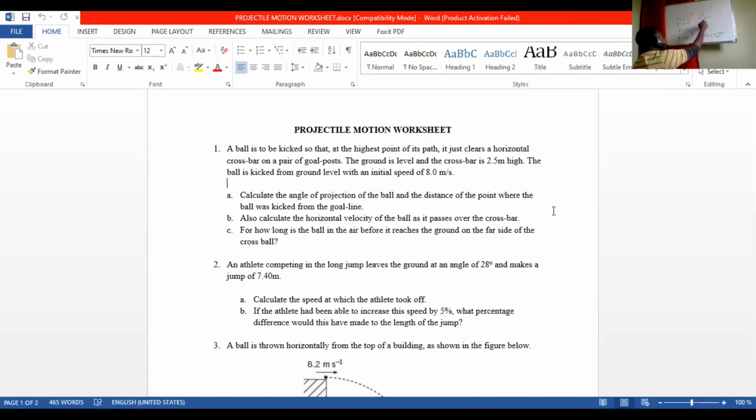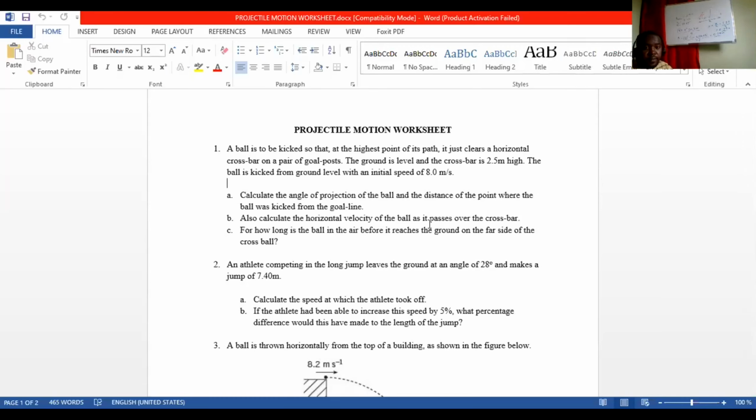All right, so if R, which is the total length here, is 5.58, then that means x is equal to half of R, which is 5.58 over 2, which is 2.79 meters. Right, and that would be your answer for the distance where the goal line is.